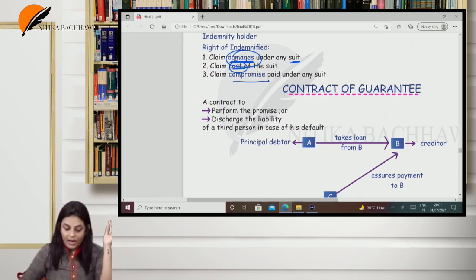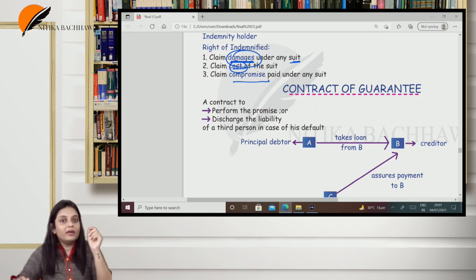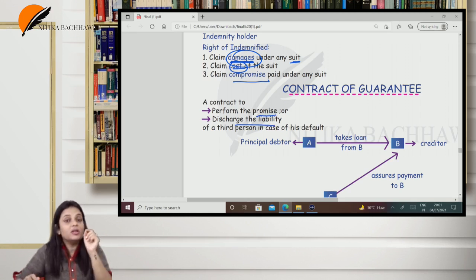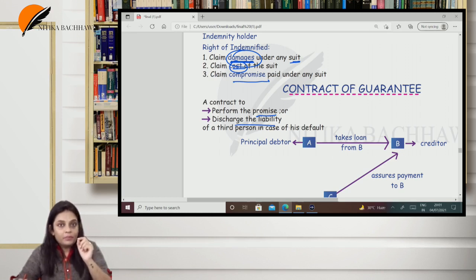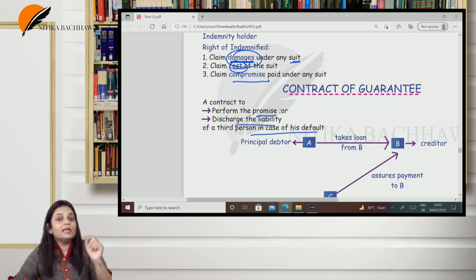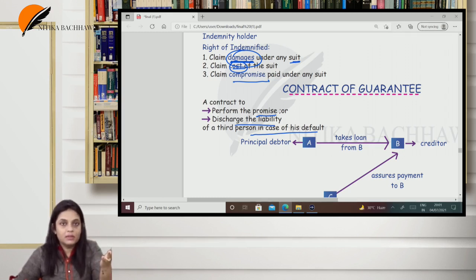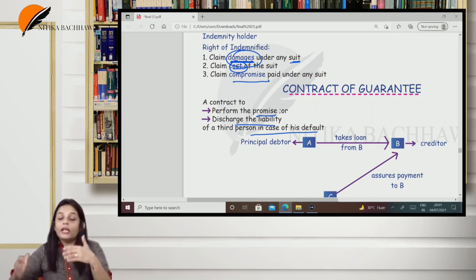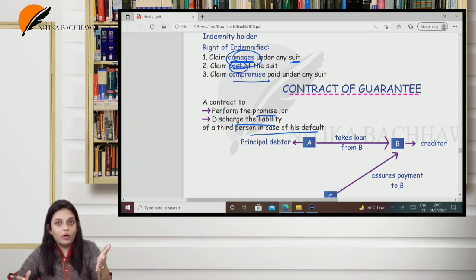So what is a contract of guarantee? A contract of guarantee is a contract to perform the promise or discharge the liability of another in case he fails to do so. So I make a promise to another person that if the third party does not pay you, or fails to perform, I will perform or I will pay you.